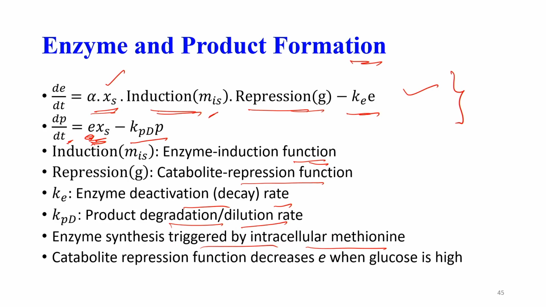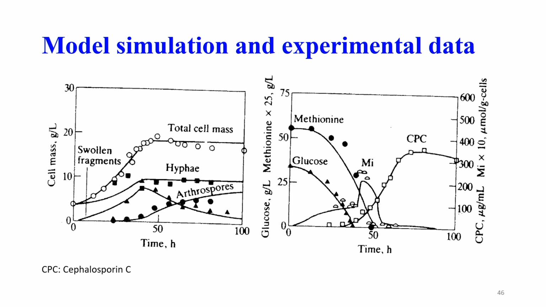So, you see this induction is done by methionine and catabolic repression is done by G, meaning glucose. The catabolic repression function decreases E when glucose concentration is high, that is obvious, that is what it is called, catabolic repression function.